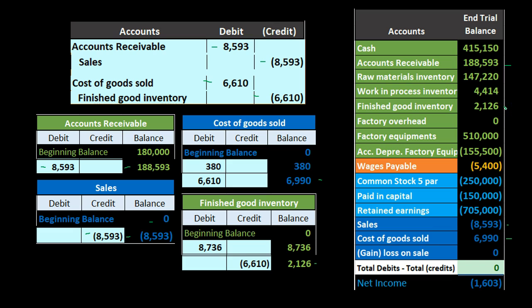So what's happened here is just basically our normal type of journal entry. Once we get these numbers, it's just our normal journal entry when we make a sale, as it would be if it was a merchandising company, recording an increase in sales, which increased net income. And the other side being the accounts receivable, people owing us money. We expect to get a check in the mail, hopefully.